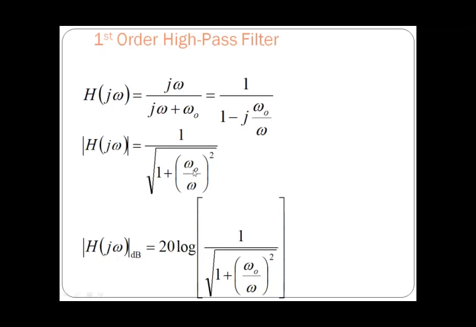Omega naught will be decided by the RC components which we are using in the circuit, and omega will be the input signal frequency which we are giving to the high pass RC circuit. If we consider the gain in decibels, the transfer function in decibels is equal to 20 log of this section.